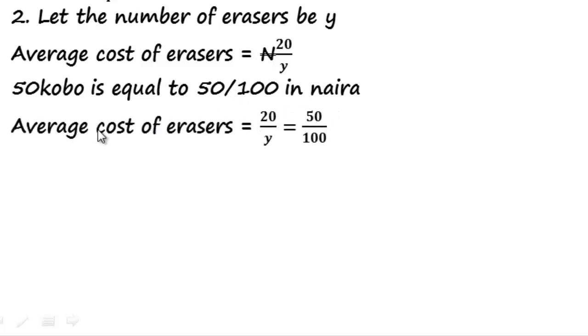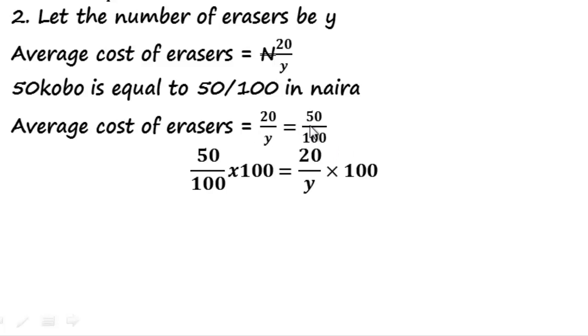So the average cost of an eraser will be 20 naira divided by the number of erasers, which equals 50 kobo, which is 50 divided by 100. This is the expression that we are talking about. Now from here you can find y, the number of erasers.